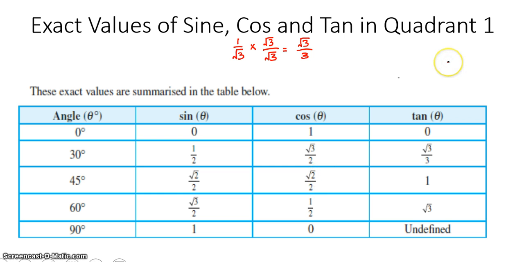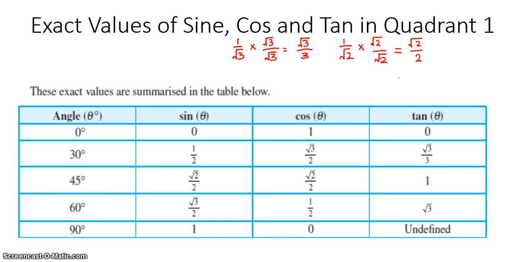We found that cos of 45 degrees was 1 over root 2. If we rationalise this value by multiplying it by root 2 over root 2, we end up with a value of root 2 over 2. So this value here is the same value as 1 on root 2.